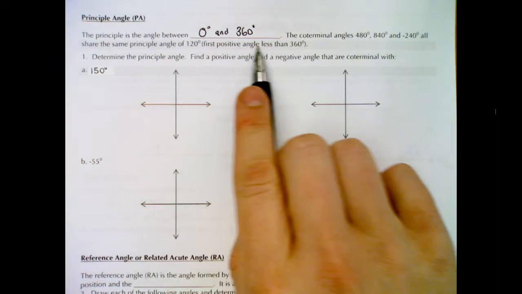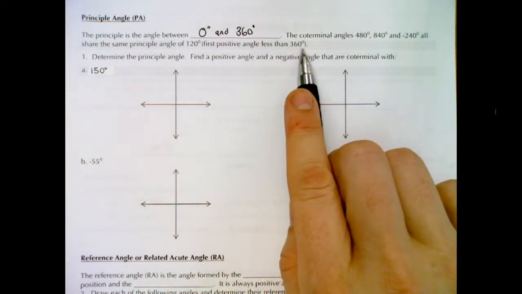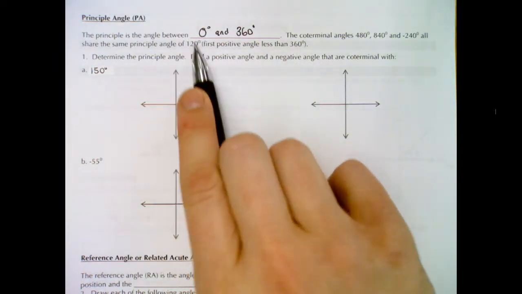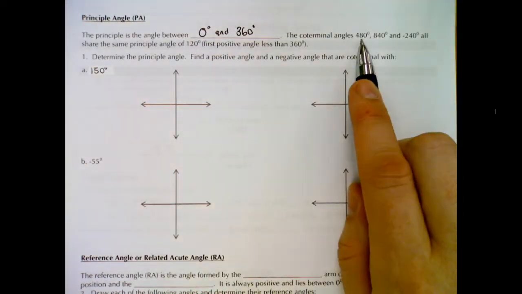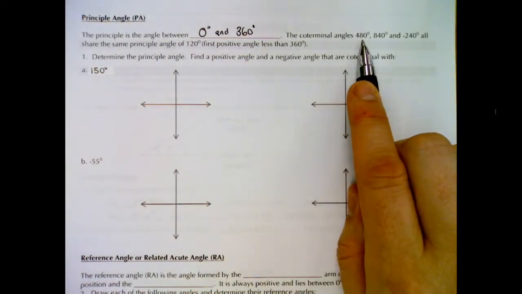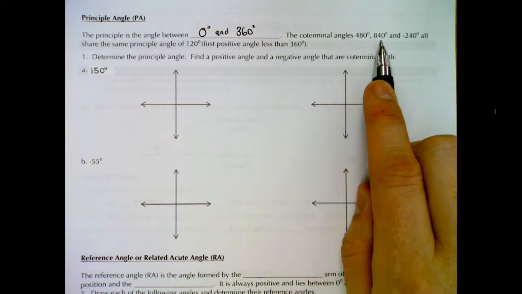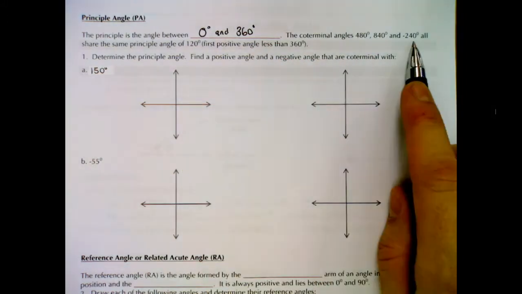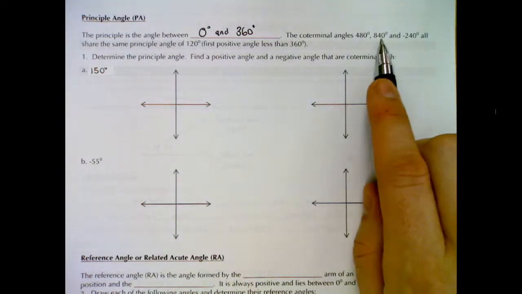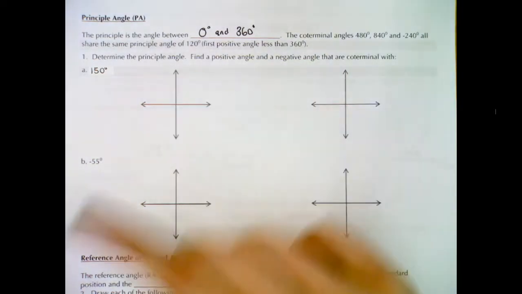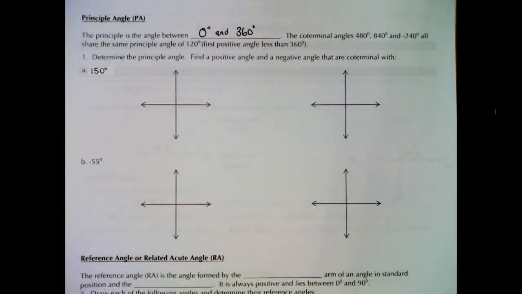It's the first positive angle less than 360. So 120 would be a principal angle, and if we added 360, we get 480. If we add 360 again, we get 840. If we subtracted 360 from 120, we get negative 240. All of these four angles are coterminal, just like the four angles we found on the last page.